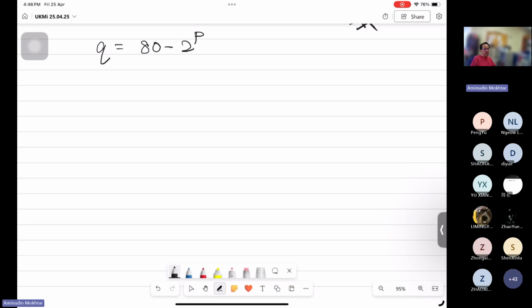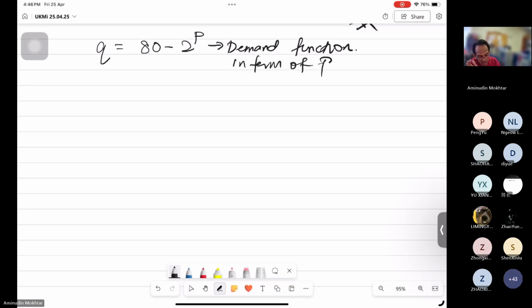There is a demand function, a demand function with Q in term of P. We call it demand function in term of P.